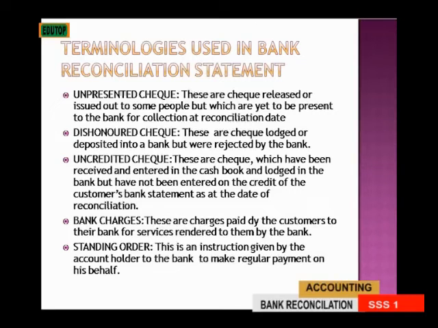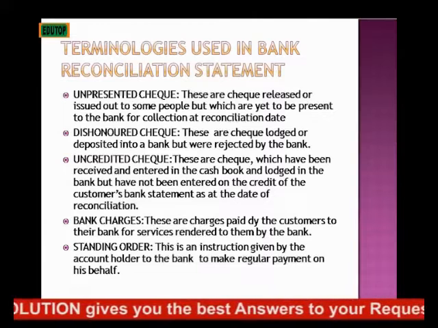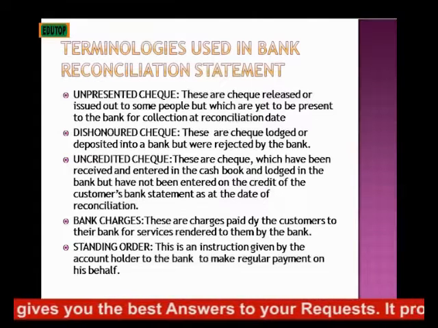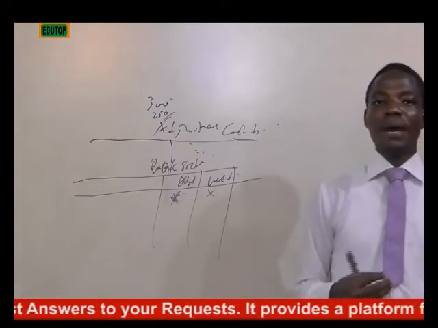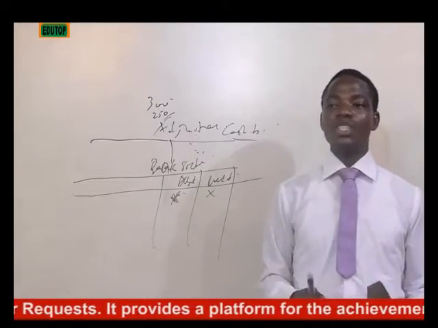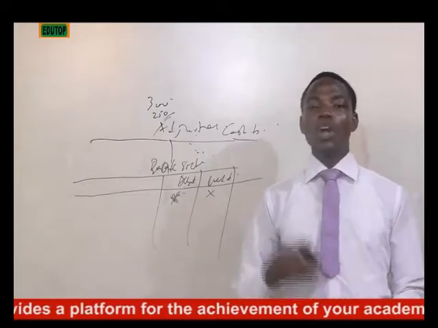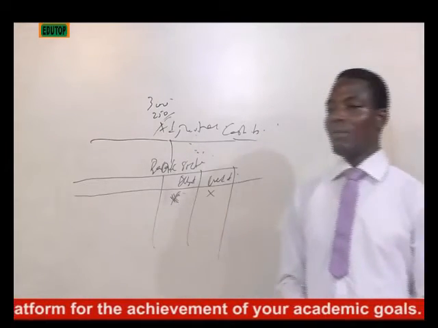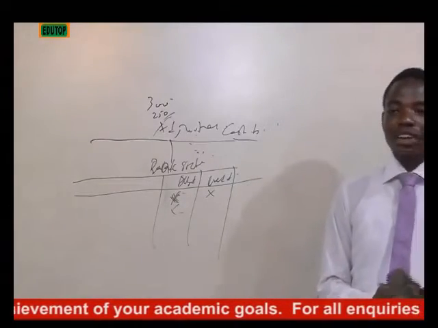Standing order is an instruction given by the account holder to the bank to make a regular payment on his behalf. When we're talking about a standing order, the holder of the account, operating a current account, orders the bank to make payment on your behalf to a particular person. That means the bank is debiting your account at the end of the day.